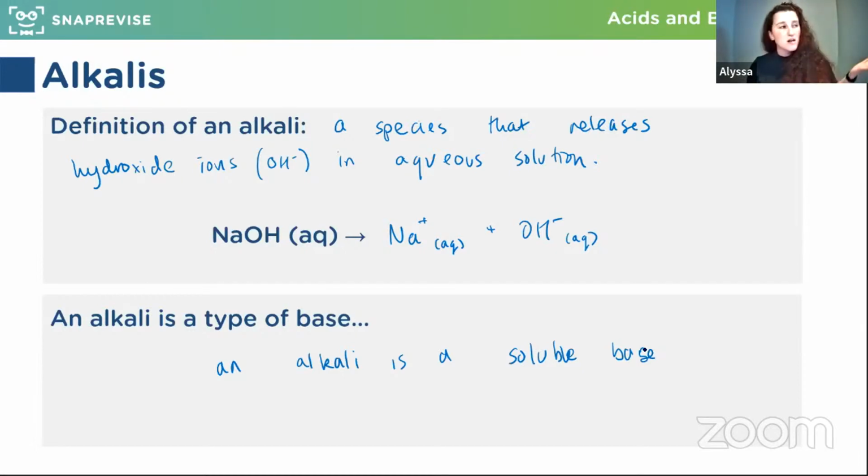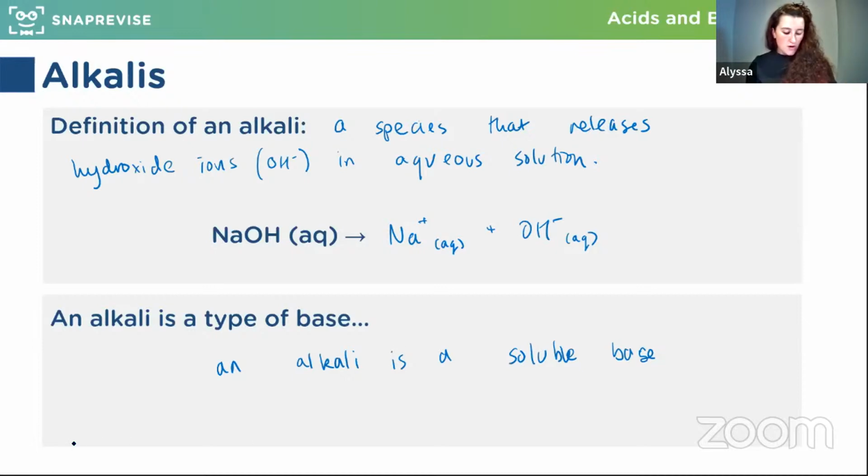Some bases can't dissolve in water, so we can't call them an alkali, they're just a base. It's another way of describing things, a kind of step up in describing things. A base that can dissolve in water is an alkali.